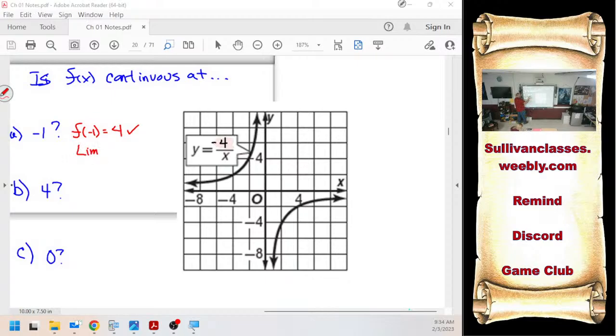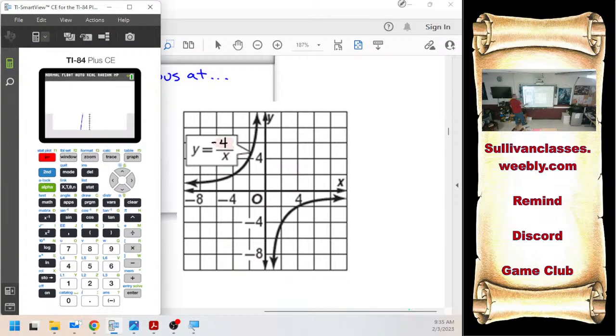Next, limit. As I get really close to -1, what is it doing? That's where we want our calculator and our table. In my calculator, I'm going to clear and put -4 over x.